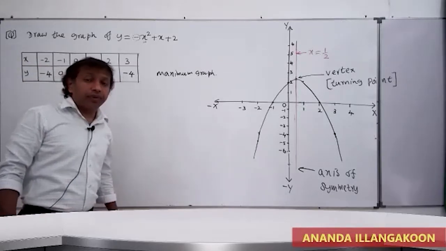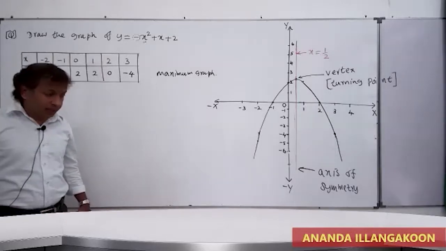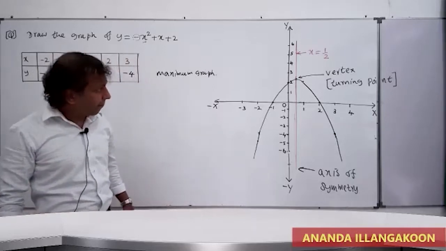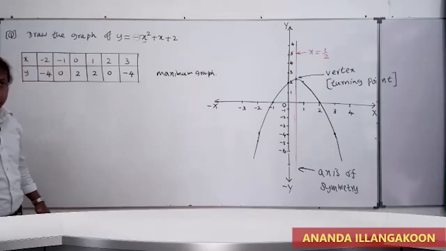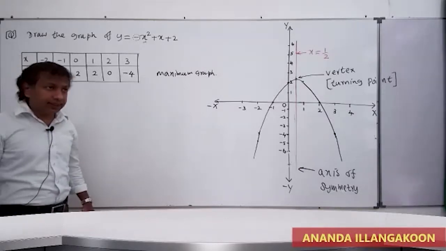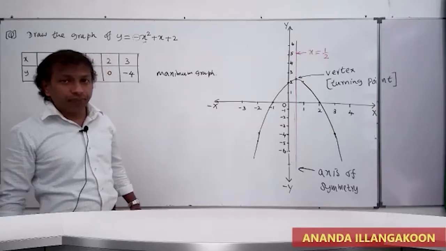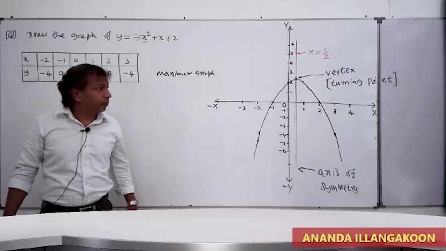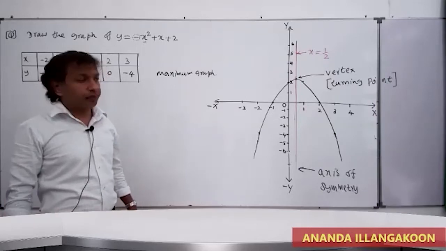Write down. Number two, the graph is symmetrical about an axis passing through the vertex.